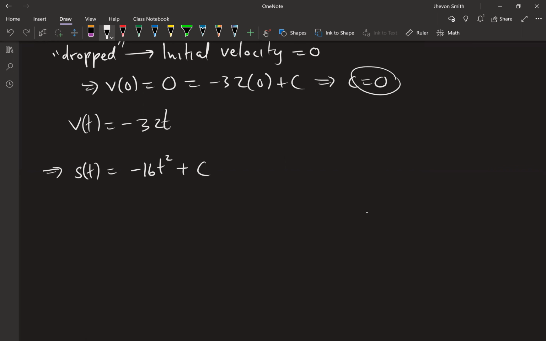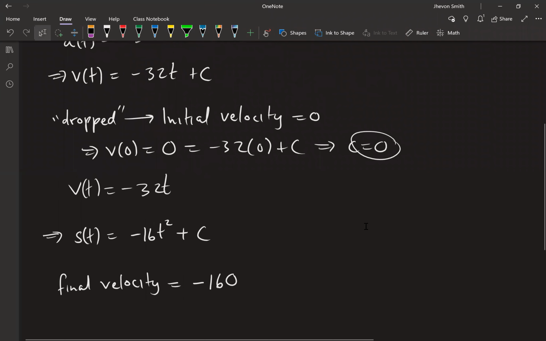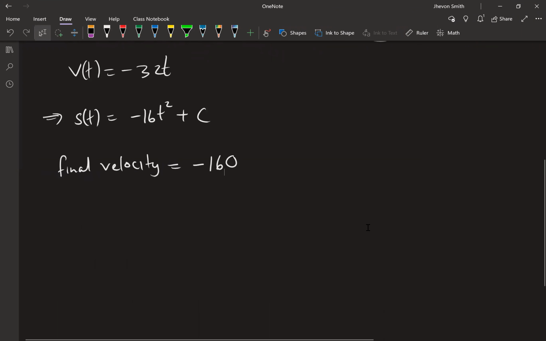So we know that the final velocity is, we want -160, right? It's 160, and it's minus because it's moving down. Because this is downwards.